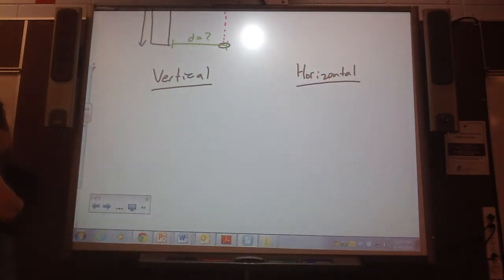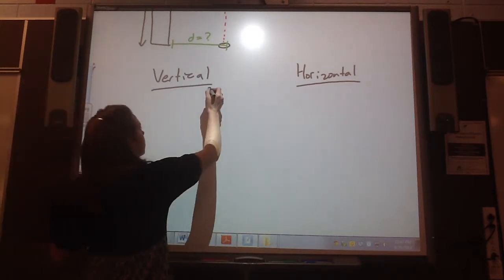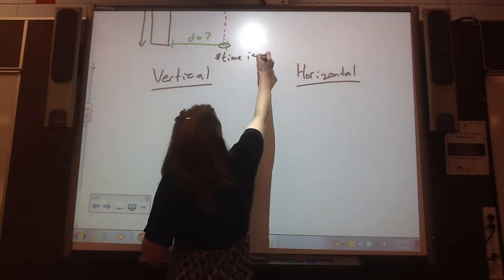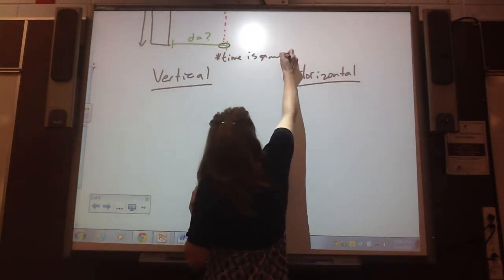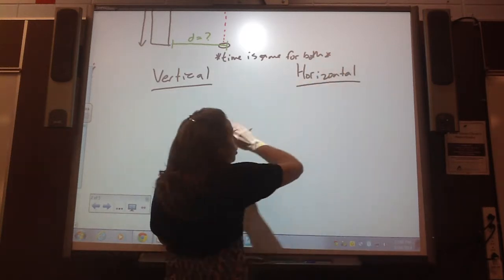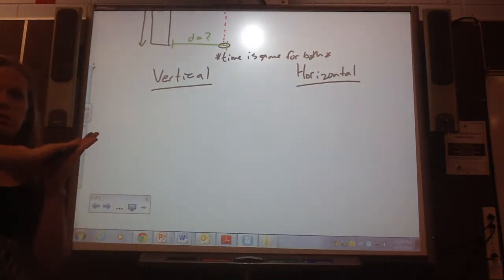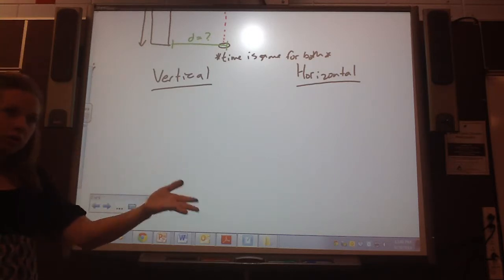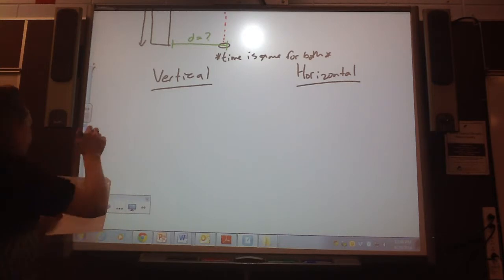The only thing that stays the same across the board is time, okay? So you can write in here, time is the same for both. So you can use the same time because the same time that it took to go horizontal will be the same time vertical, okay?